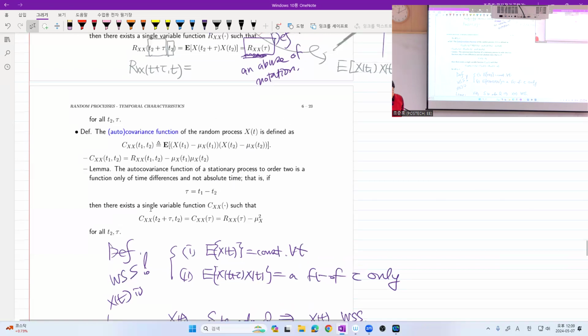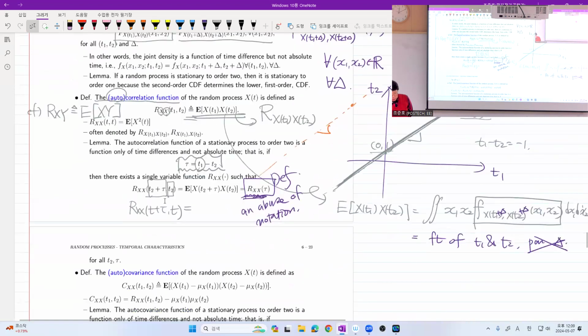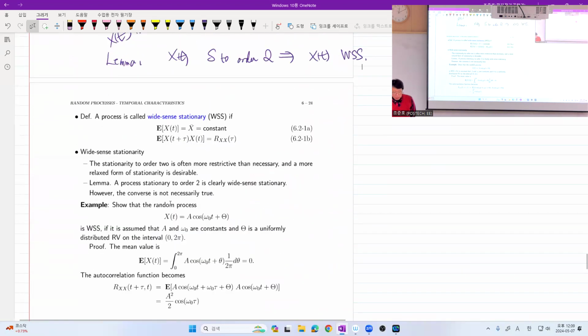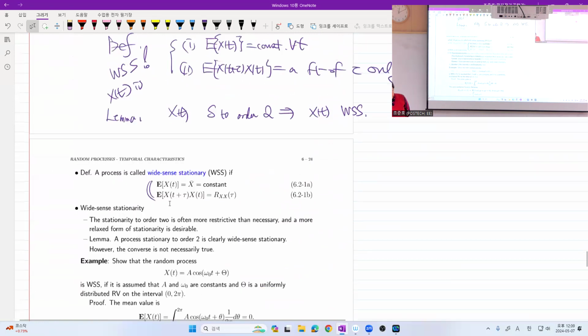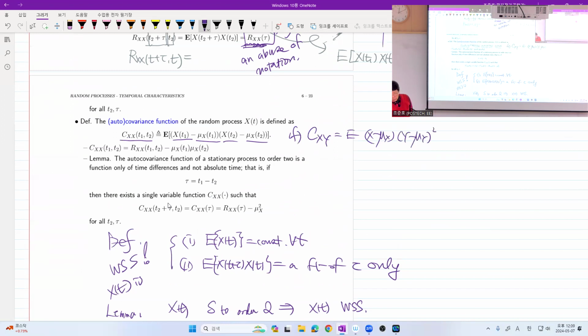And here goes another one. Given wide-sense stationarity, we may define a covariance function like this, or autocovariance function. Now you subtract the mean value and then compute the correlation. And as we've done for two random variables, x and y, we can define the autocovariance function of a random process.